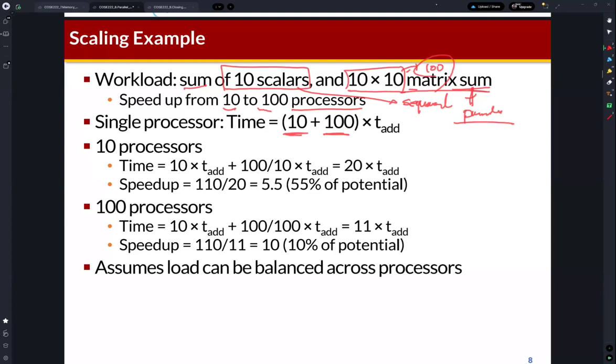Because there are 100 elements, the execution time is 10 plus 100, multiplied by the execution time of an add. How about 10 processors? This part cannot improve, because the scalar addition is the sequential part. We can improve only this part.